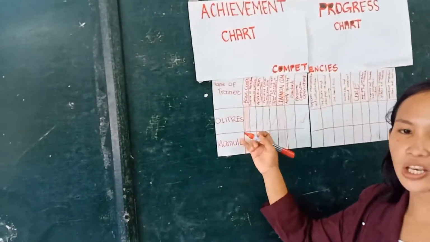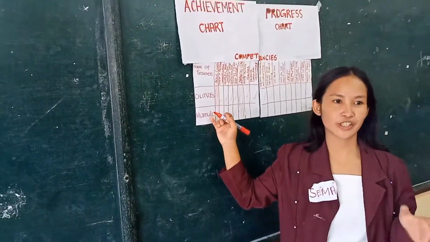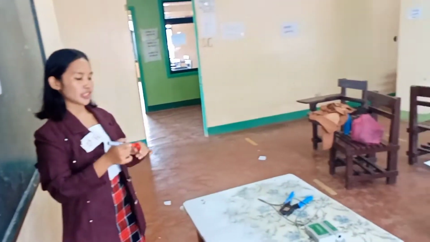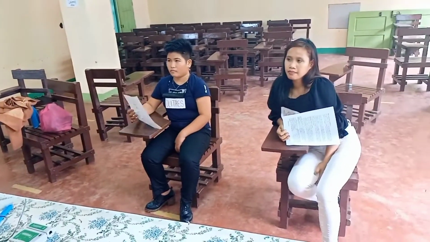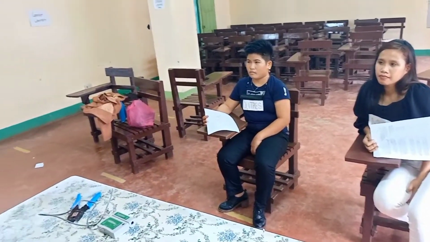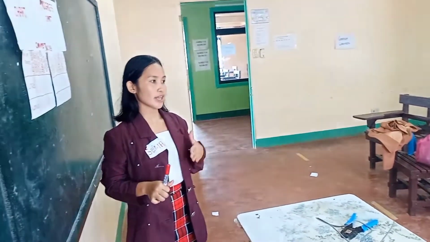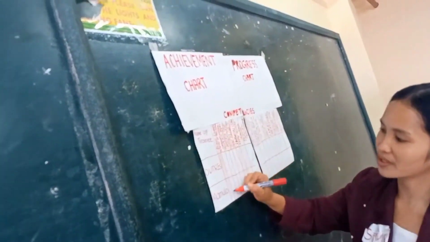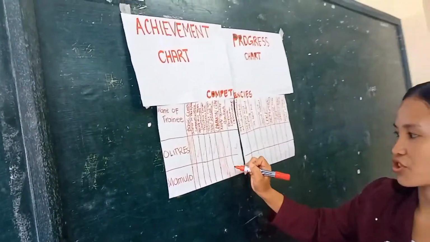Okay? For Mamolo, I know this is your first time assessment and you did your part. I will rate you based on how you assess yourself during our assessment. So in basic competencies, check.